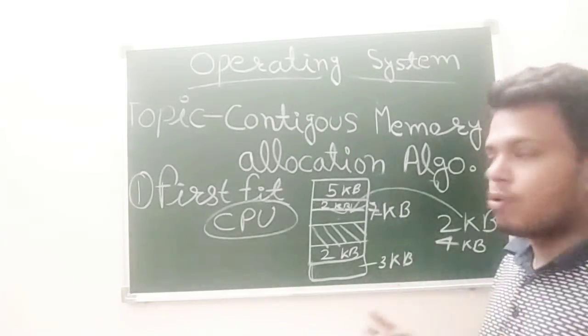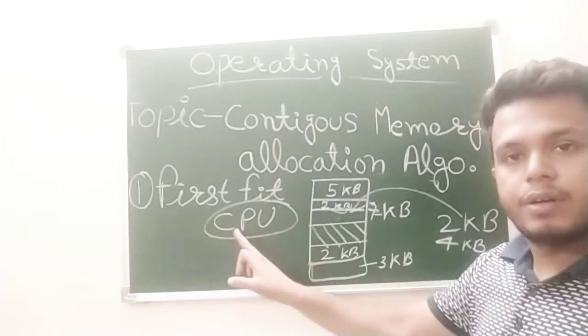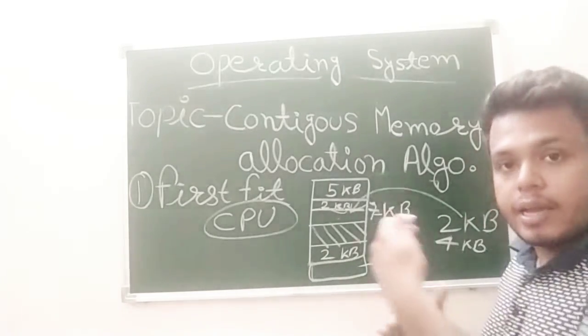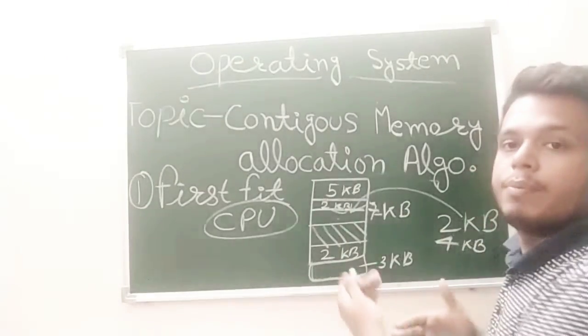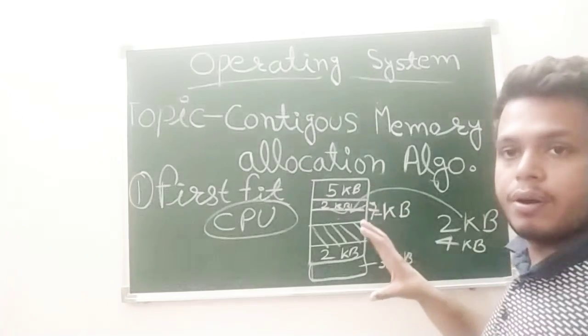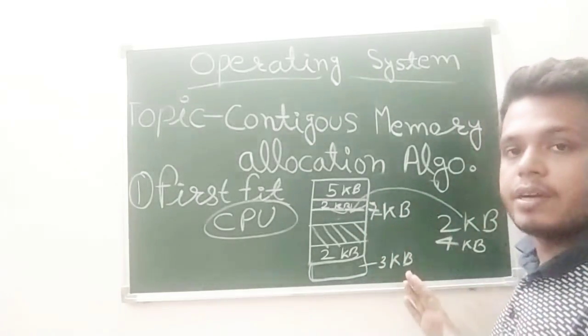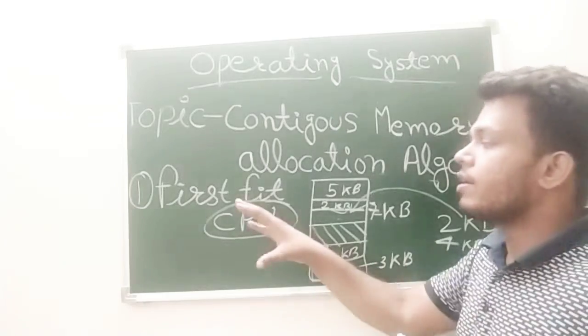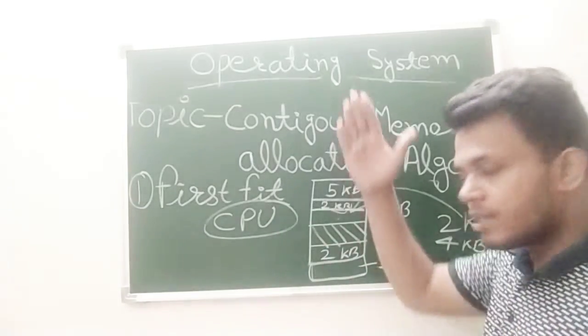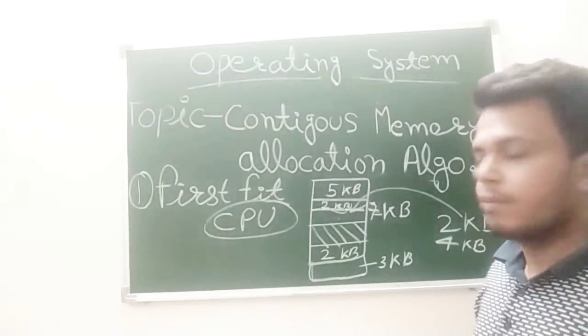This will also follow the same algorithm, which is first fit. Again, it will scan the whole memory. That is why it is slower. It is one of the disadvantages of first fit, that it is slower because it scans all the memory.